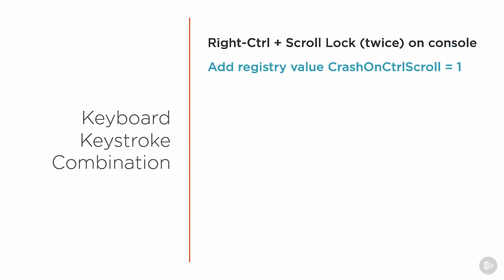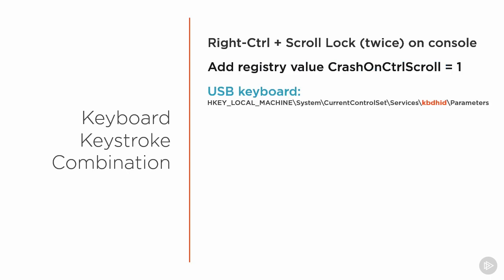What you'll do is add a registry value called CrashOnCtrlScroll and set it to a value of 1. Now, the place where you put this CrashOnCtrlScroll registry value depends on whether you have a USB type keyboard or the legacy PS/2 type.